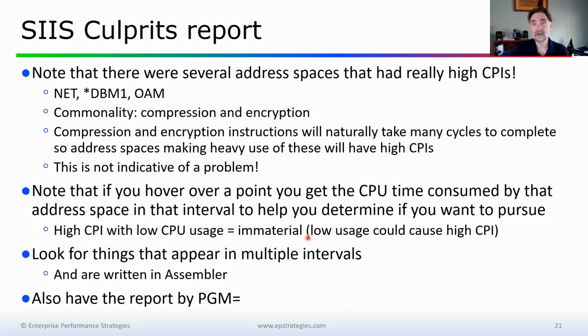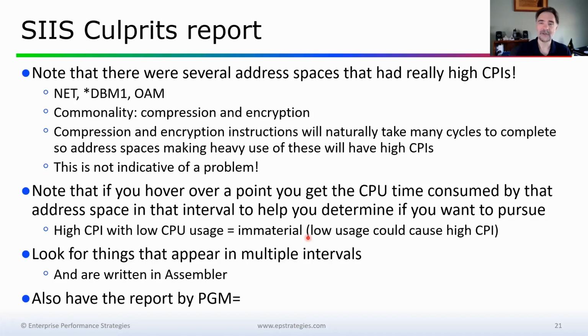Your compression and encryption instructions will naturally take a much longer time than just a load register, right? By definition, those instructions are going to take many cycles to complete. So it makes sense that those address spaces would have a very high CPI, and those aren't really indicative of a problem.